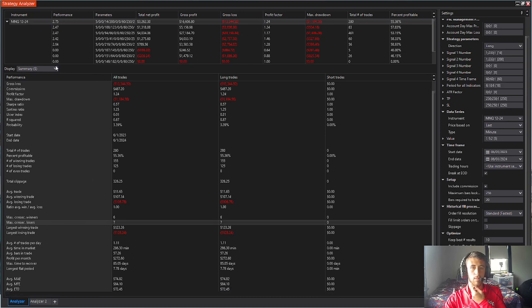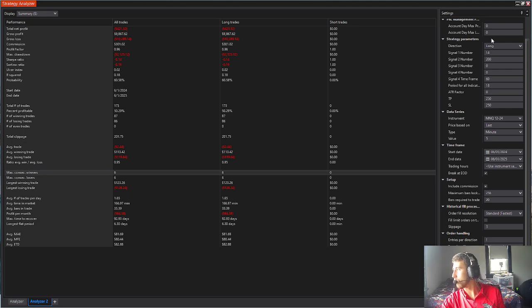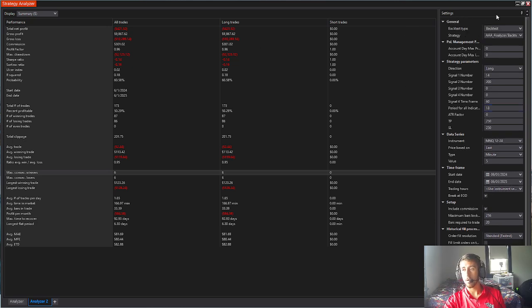Max consecutive losers 6 or 7. Same thing for the winners. All right, well, the entry isn't the most important part, because this won't be a long-term strategy that you would want to use. It'd be more just for like if you want to pass a prop firm challenge. If they let you do Martingale, then this would be exactly what you would want to use. All right, so these are our signals.